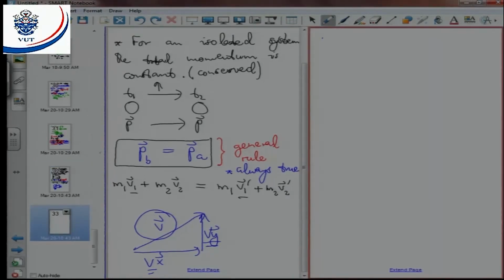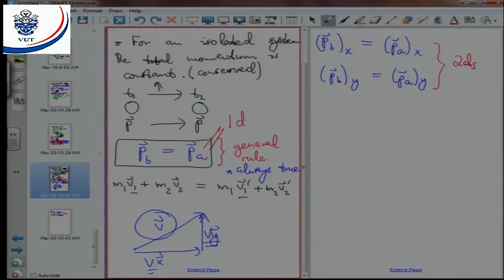So p before in the x direction must equal the momentum after in the x direction, and momentum before in the y direction must equal momentum after in the y direction. So what I've just written here is still conservation of momentum, but now it's in 2 dimensions. This here was in 1 dimension.